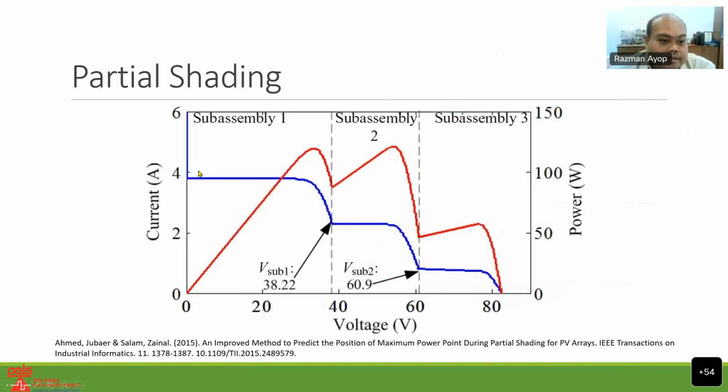As a result, the power, the red one, becomes multiple peaks. The sub-assembly 2, the center one, has the highest peak. This is the global maximum power. The other two peaks, from assembly 1 and assembly 3, are called the local maximum power points.